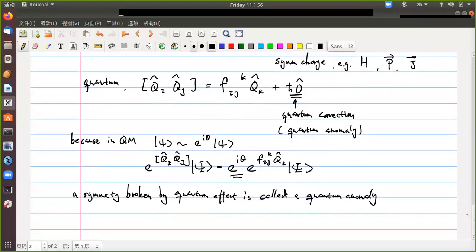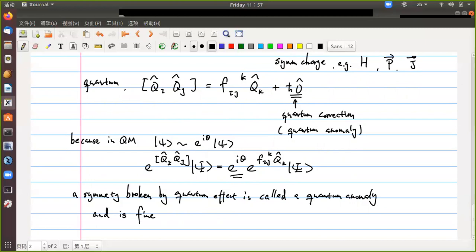Another easy example: one standard example is called the axial anomaly in quantum field theory, or triangle anomaly. When you talk about gauge theory coupled to fermions, this is one standard anomaly. This symmetry anomaly is usually global.